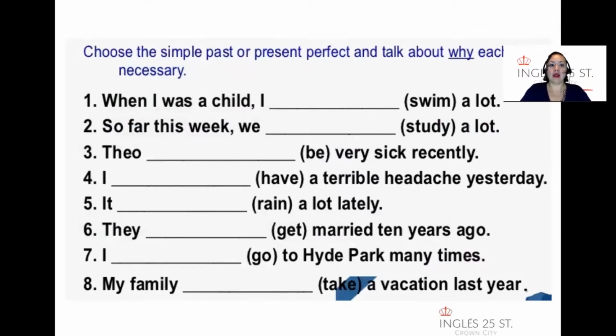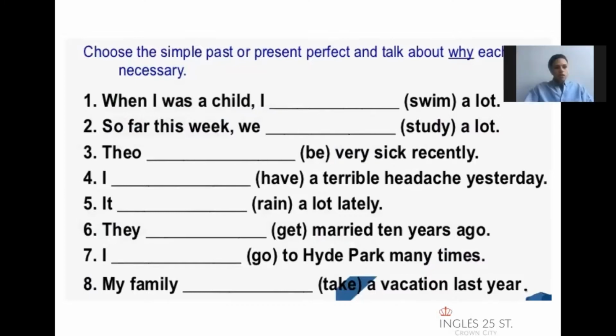Roman, you're going to do number 1 and Paula number 2, and then you're going to continue on and on. In the first one, can you please read it? When I was a child, I swim a lot. You have the verb in present. Which tense do you think is the correct one?